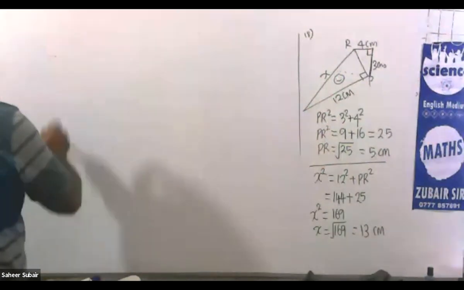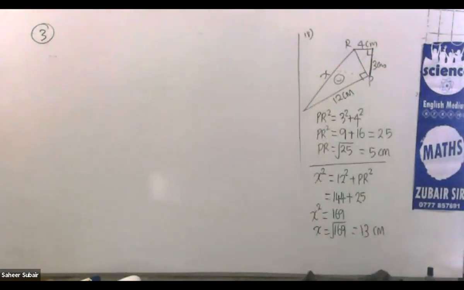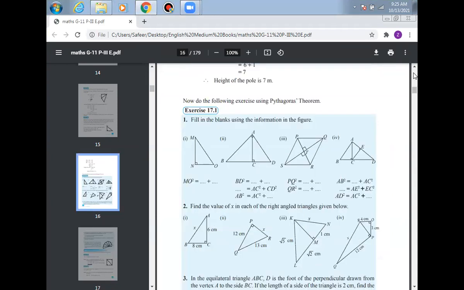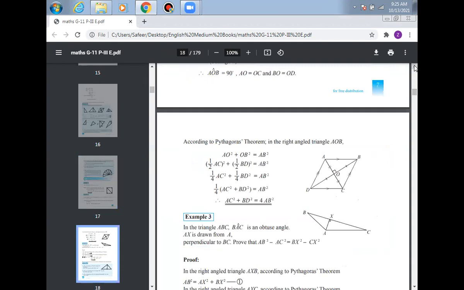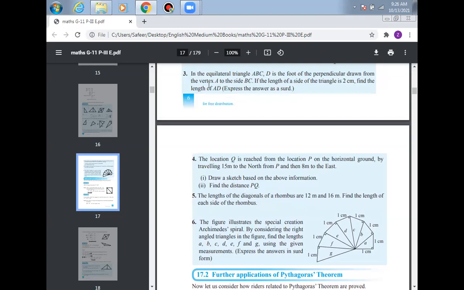Then see question number 3. In the equilateral triangle ABC, D is the foot of the perpendicular drawn from the vertex A to the side BC.